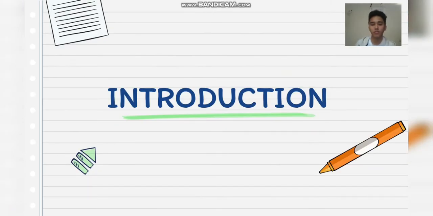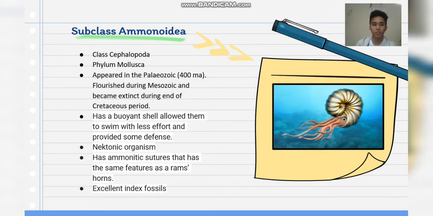Before that, we will do a little bit introduction about the species. Subclass Ammonoidea. It is from the class Cephalopoda from the phylum Mollusca. It first appeared in the Paleozoic, flourished in the Mesozoic, and became extinct at the end of the Cretaceous period. It has a buoyant shell that allowed them to swim effortlessly and give some defense.